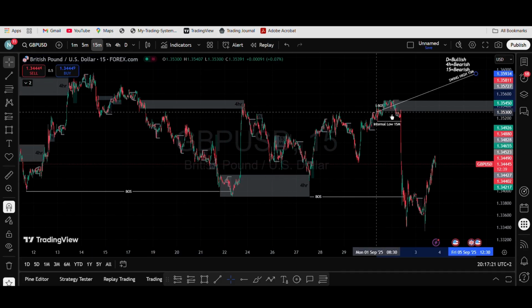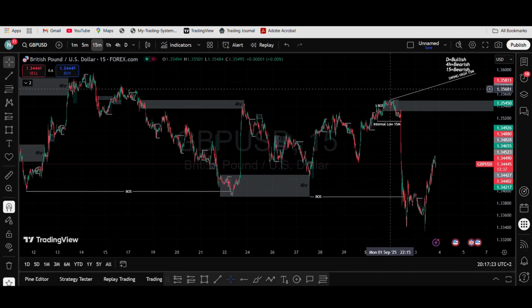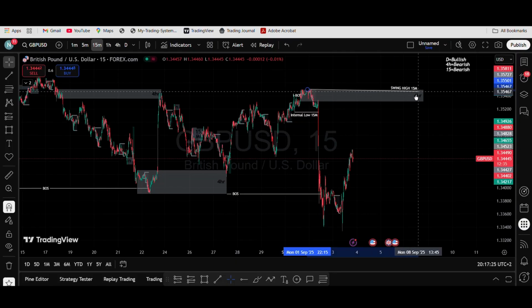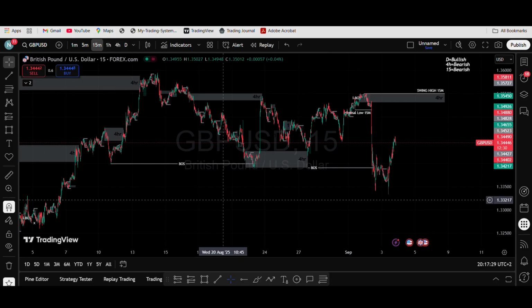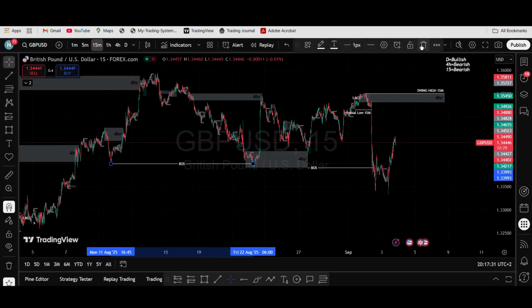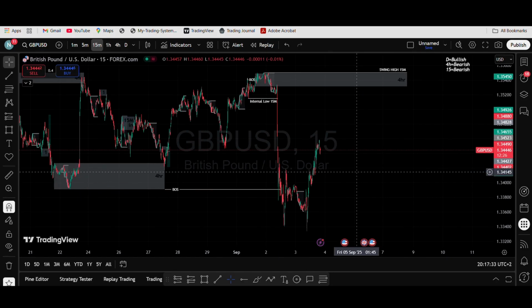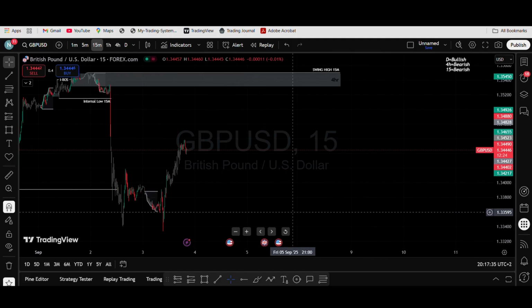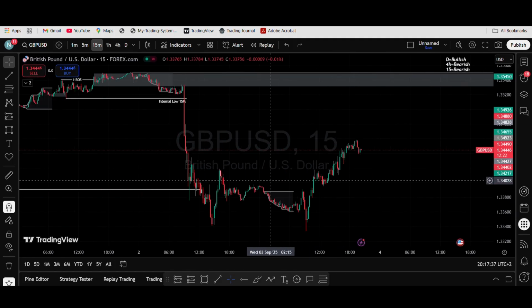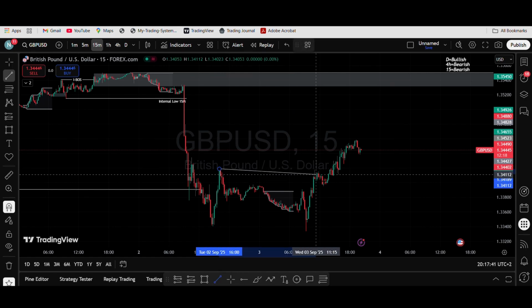These are not great trading conditions. Gonna have your swing high in there somewhere, and then 15-minute bearish, of course. Internal is bullish, right?